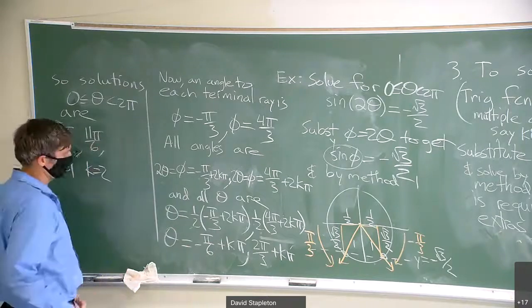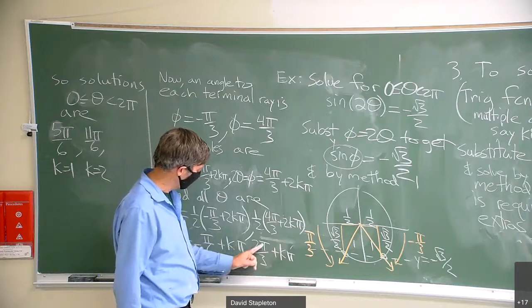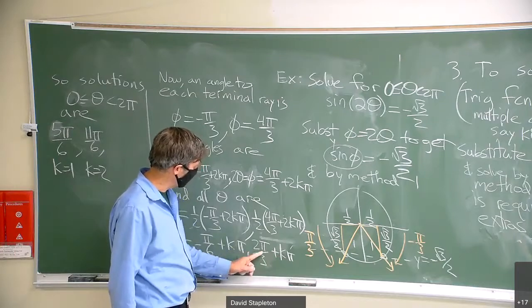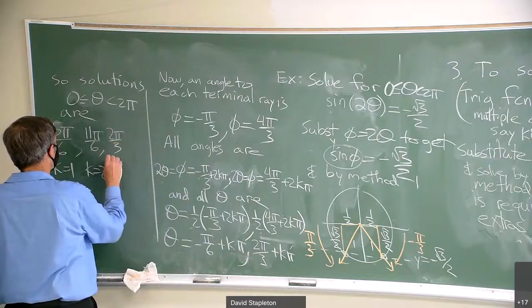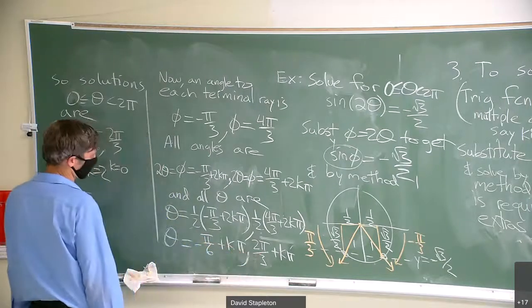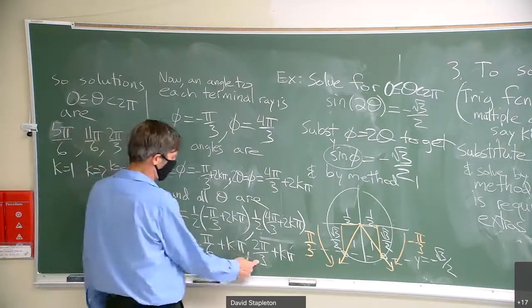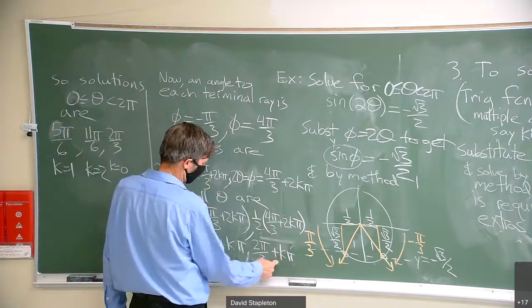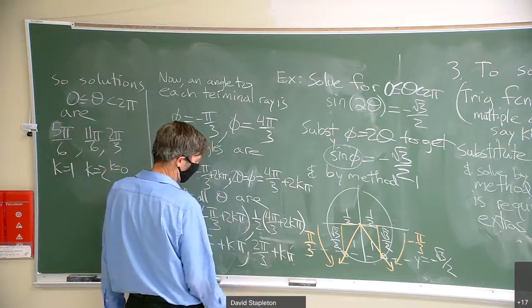Now we go into the second one and say, if k equals 0 here, I just get 2 pi over 3 plus 0, which is 2 pi over 3. That's between 0 and 2 pi. So I get this one by putting k equals 0 in the second set of solutions. Then I'll try k equals minus 1. 2 pi over 3 minus pi is negative, because that's 2/3 minus 1, minus a third pi.